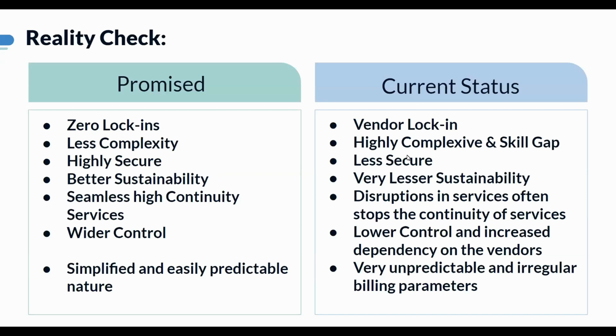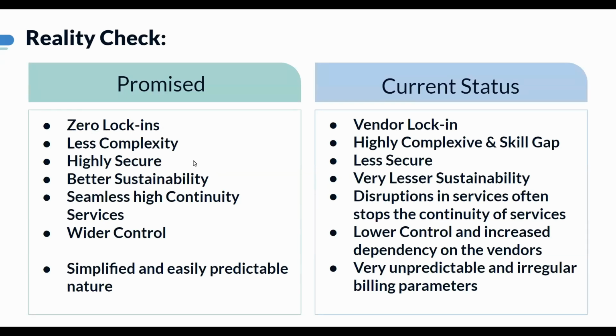Lastly, we had the Microsoft server breakdown, which actually brought down a lot of services as well, and a lot more. Also, it was promised that better sustainability would be seen with the hardware, and lesser carbon footprints would be shown.